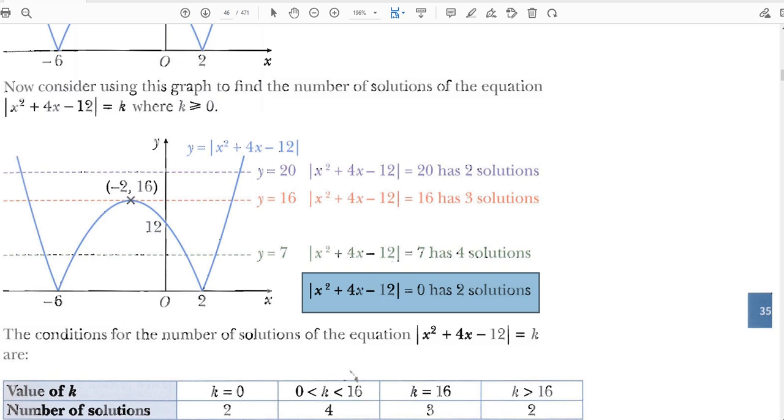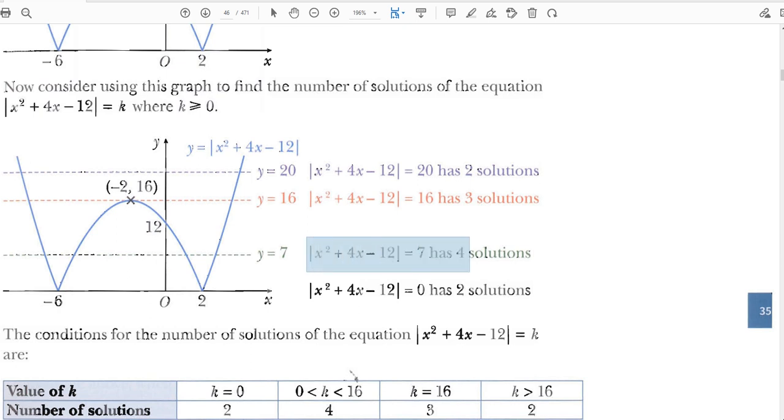Okay. Now see this. If x square plus 4x minus 12 is equal to 7, this says that the curve has 4 solutions. If you draw a random line like y is equal to 7, then you can see this is the first crossing point, this is the second, this is the third, and this is the fourth. So 1, 2, 3, 4.